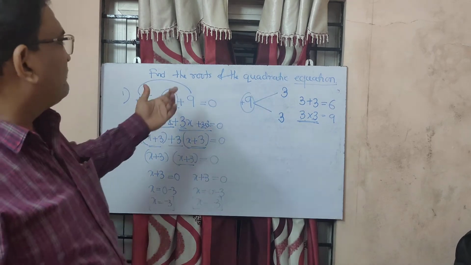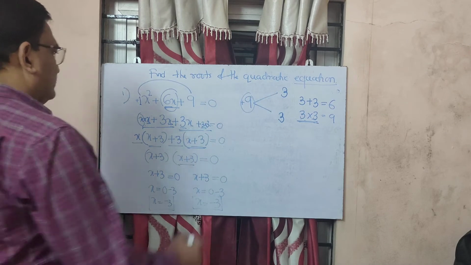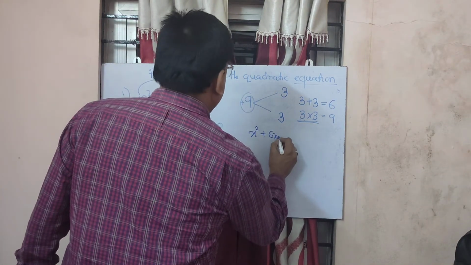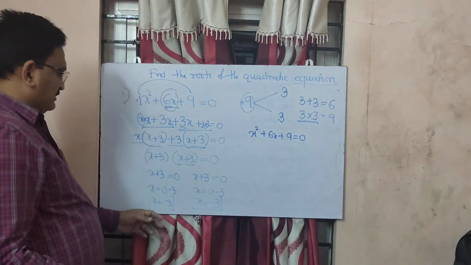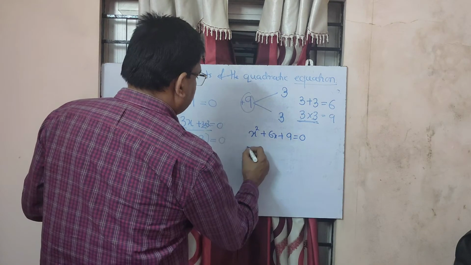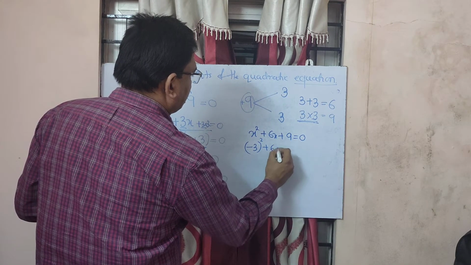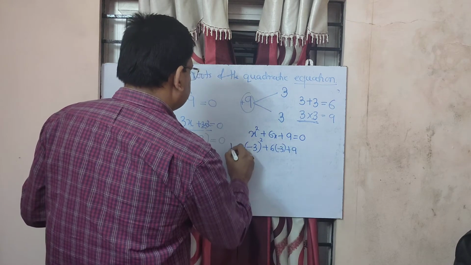We know equation means LHS equals RHS. The equation is x square plus 6x plus 9 is equal to 0. Now let us put minus 3 in place of x. Plus 9. Now this is the LHS, the left hand side.